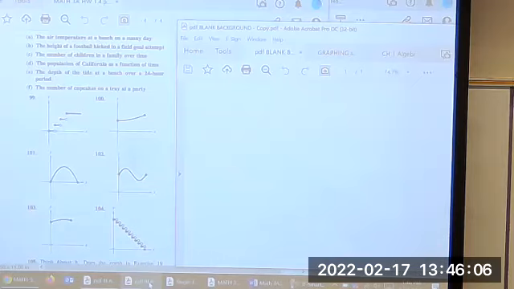And we've done the rest. What we have left is 100 and 103. So air temperature at the beach on a sunny day. Does that mean 103? So let's just say we're there all day.